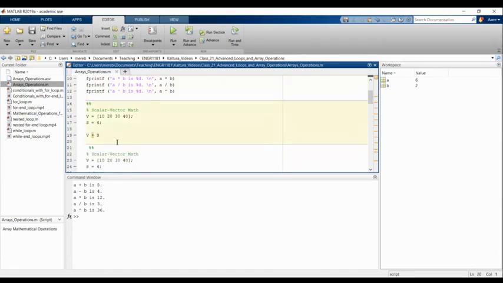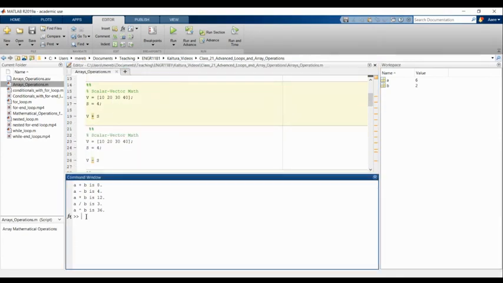Now let's look at a vector with a scalar. As we saw in the other example, the 4 will be multiplied by 10, by 20, by 30, and by 40. So that's a stepwise multiplication. So we should expect to see the answer 4 times 10, so this is 40, 4 times 20, 80, and so on.